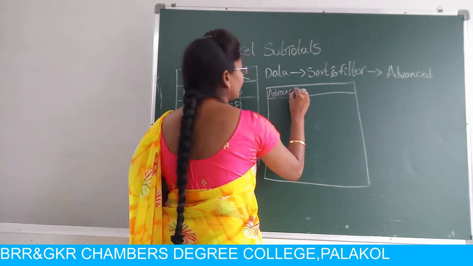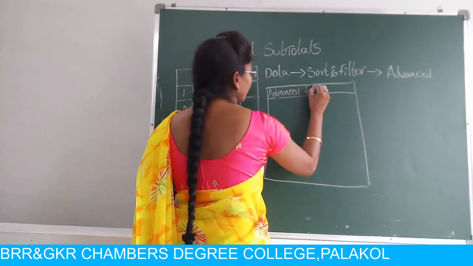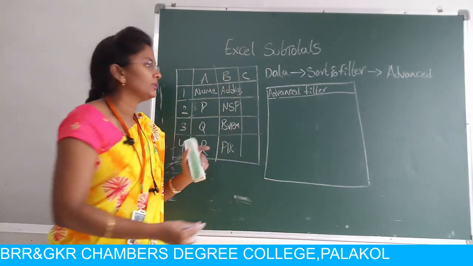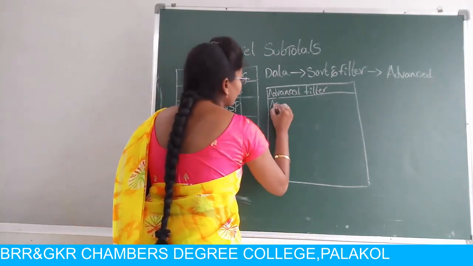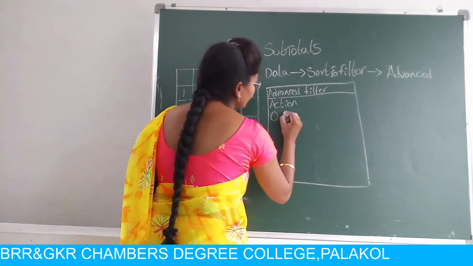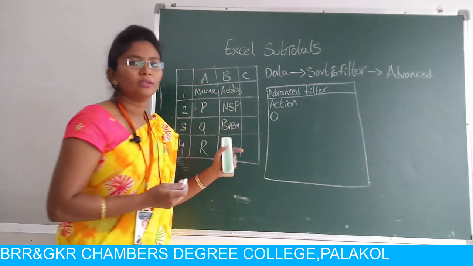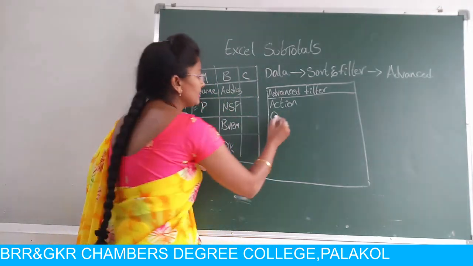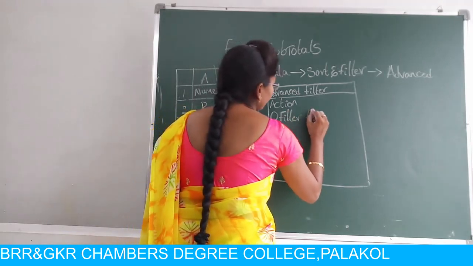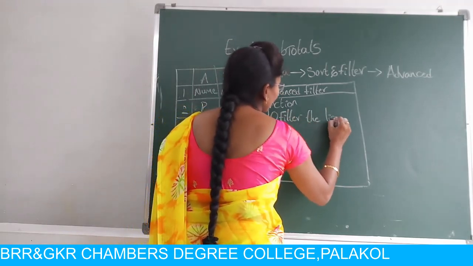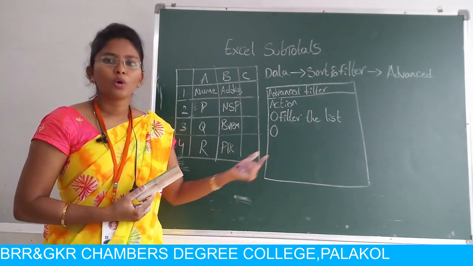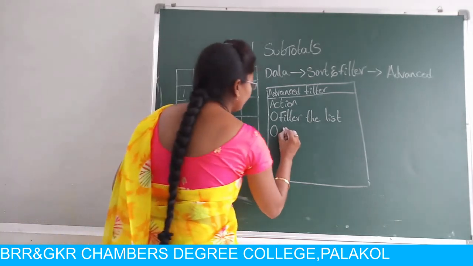In this Advanced Filter dialog box, the first is the action. In this action you can see two radio buttons: the first radio button is filter the list, and the second radio button is copy to another location.